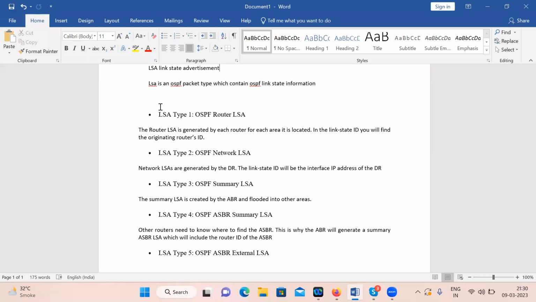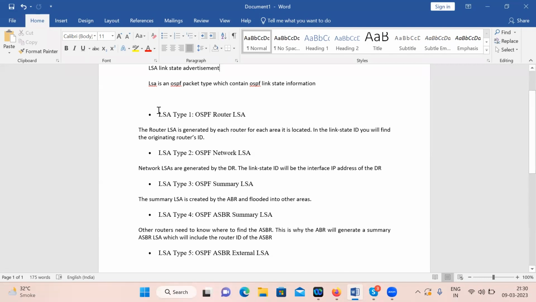Why did they create 11 different LSAs? Because LSAs contain a lot of information, so they decided to break it into small pieces, and those pieces are known as types.